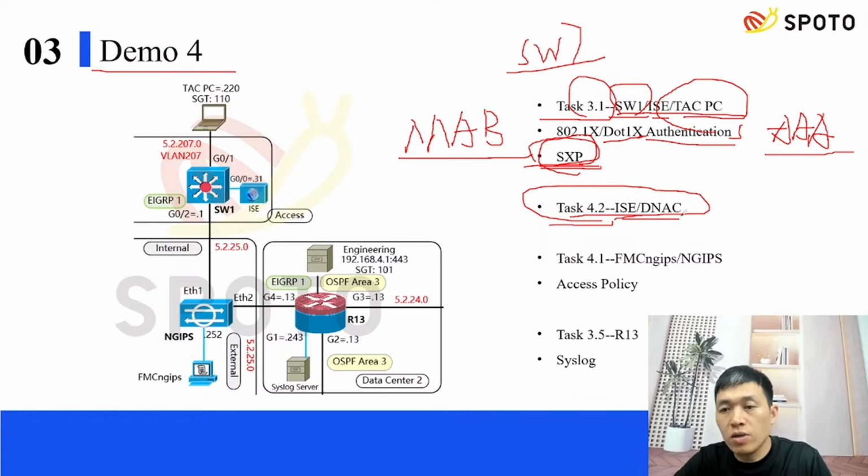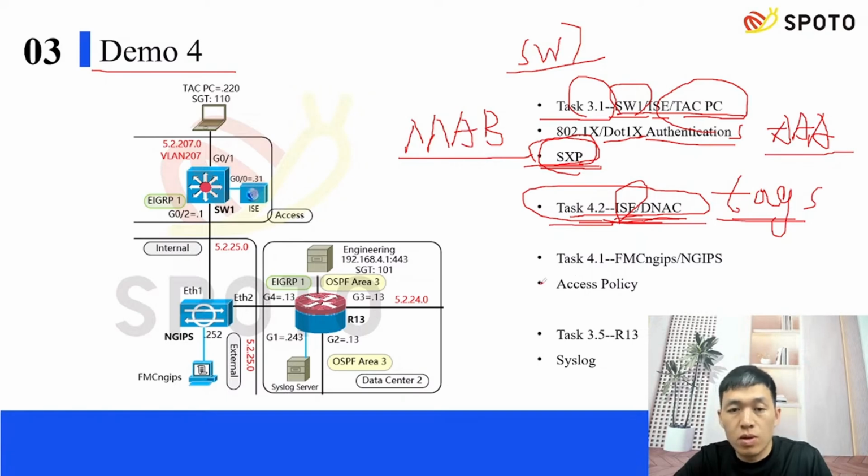We will create secure group tags on DNA center, and then the DNA center will push the tags into identity service engine to make it work.